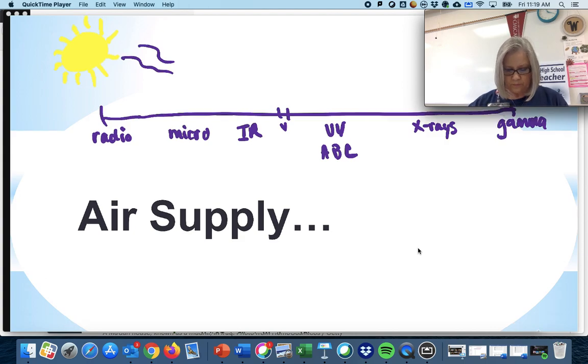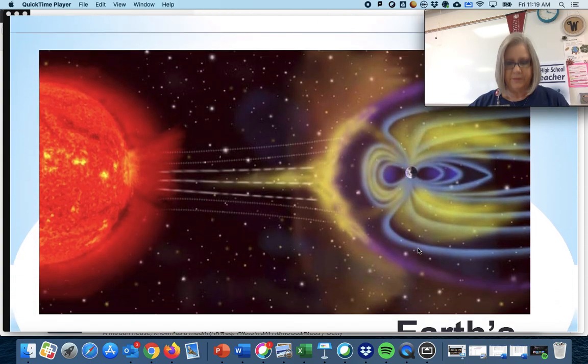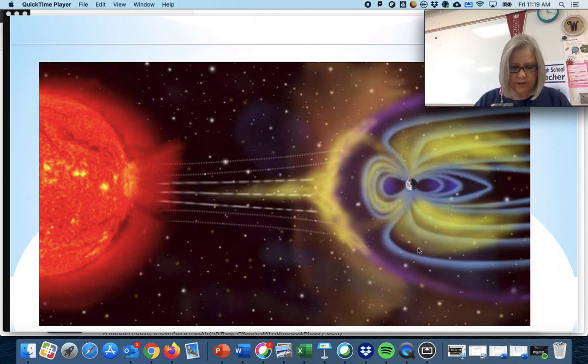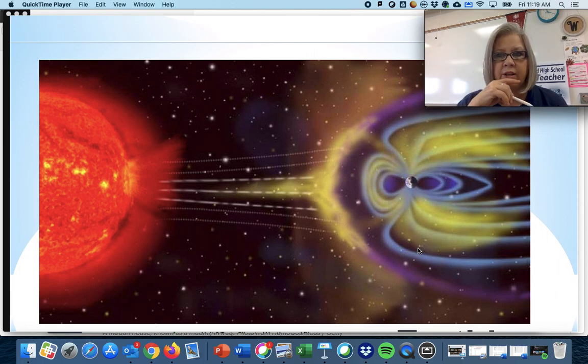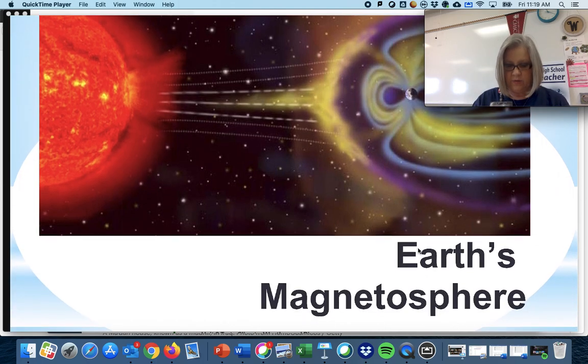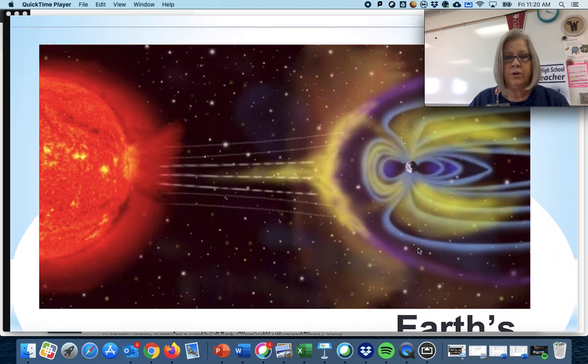All right, so our atmosphere, actually, Earth extends much further than you probably realize. Here we have the sun, and we have the Earth out here. The Earth actually has another barrier beyond the atmosphere, and this is known as the magnetosphere. The magnetosphere extends far out from Earth in what they call a bow shock.